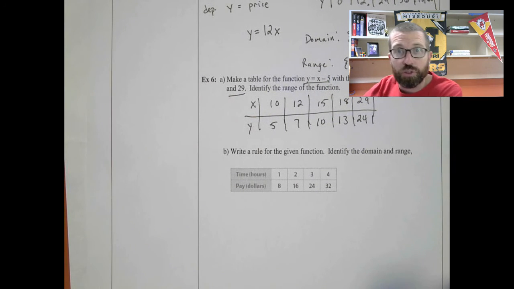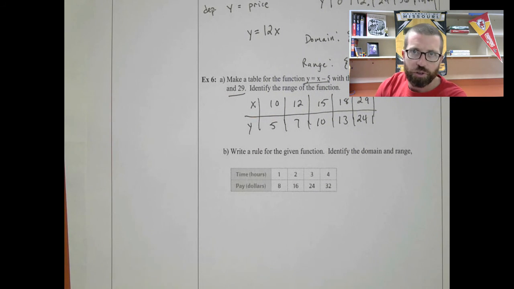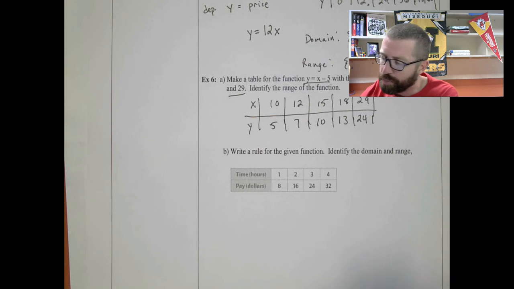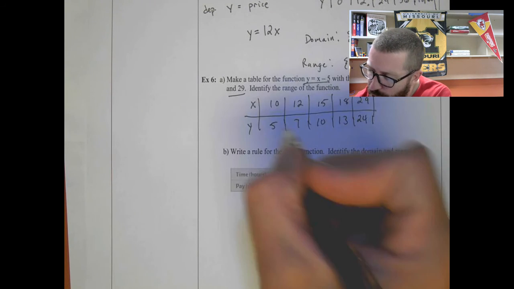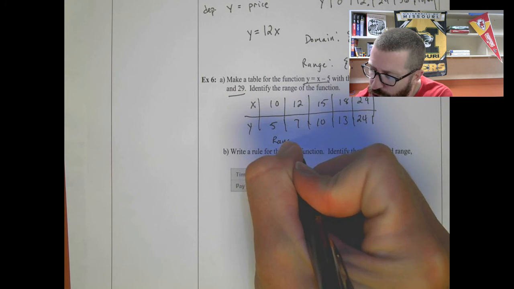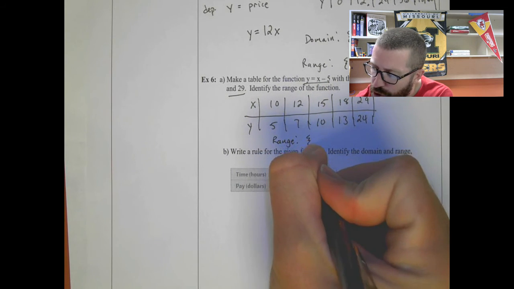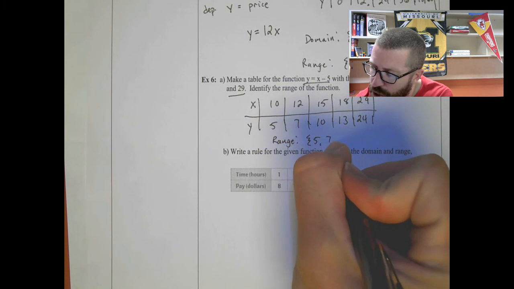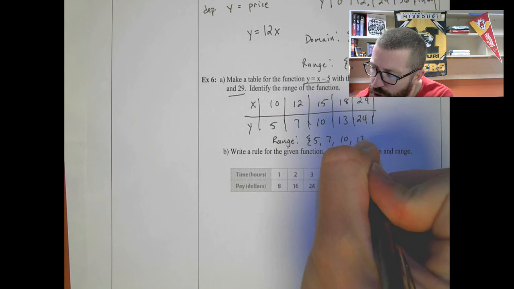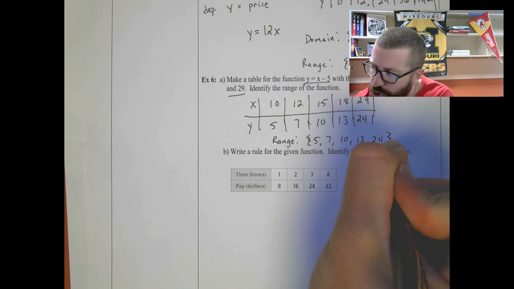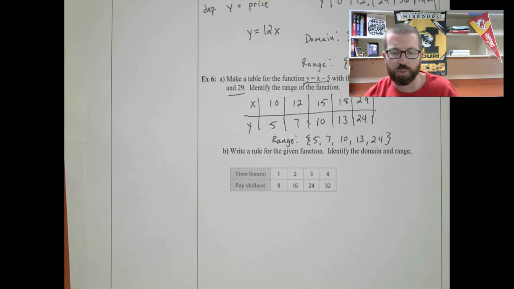And that was kind of quick. That's why I said pause the video, try to do the subtraction on your own, and make sure you have that down. Okay, and then our range is just our y values, our outputs. And so we'll list those again. And so there's our possible outputs, which makes up our range.